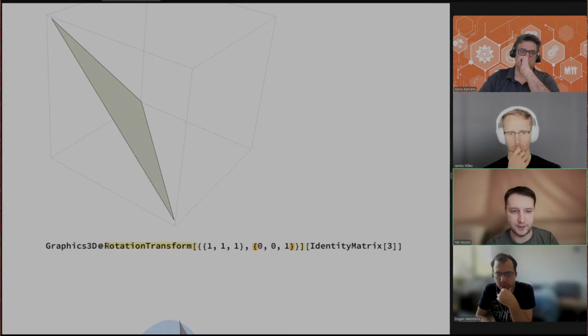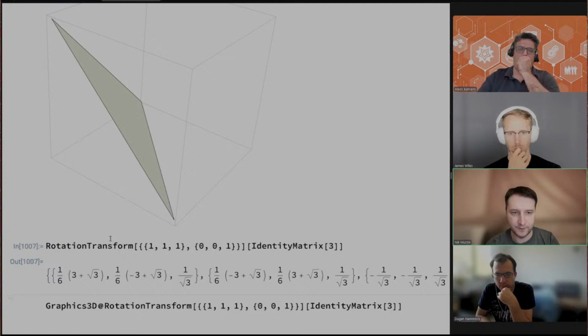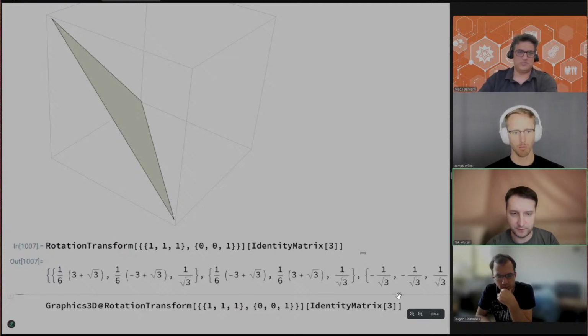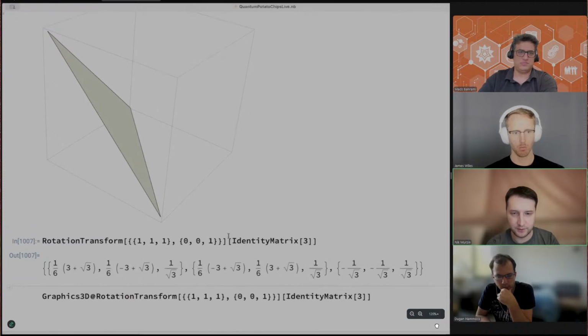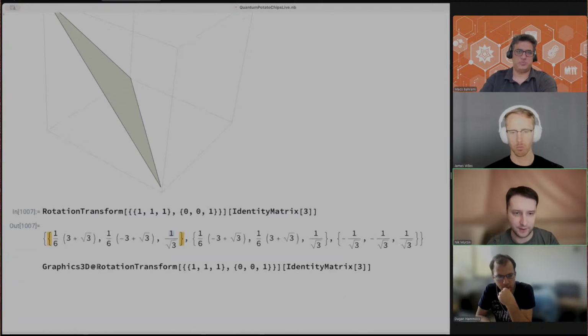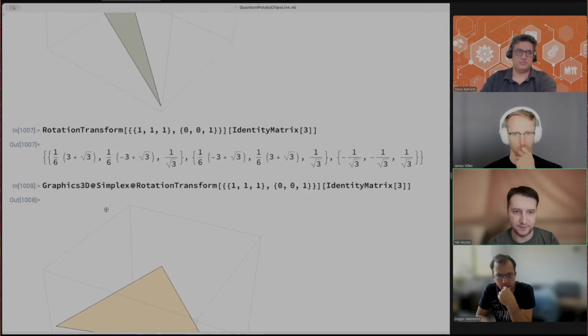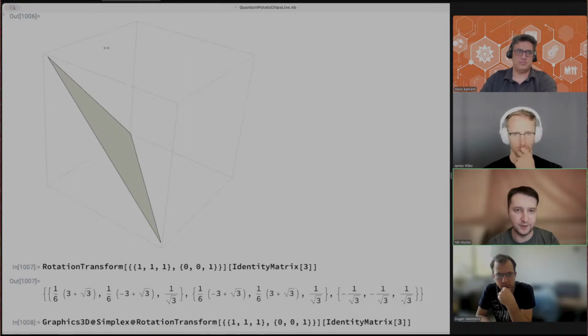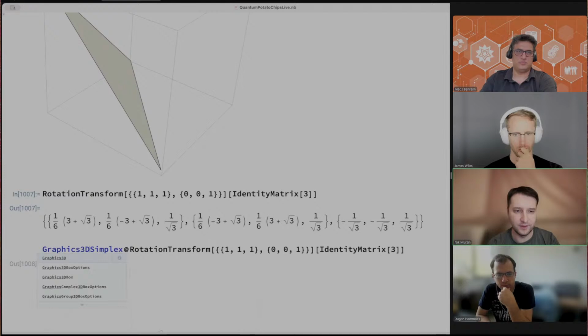You rotate this identity matrix, and now it's some other vector where the last coordinate is the same. So essentially we just rotated it. Let's actually show it. Now it looks like this, together with the original one.